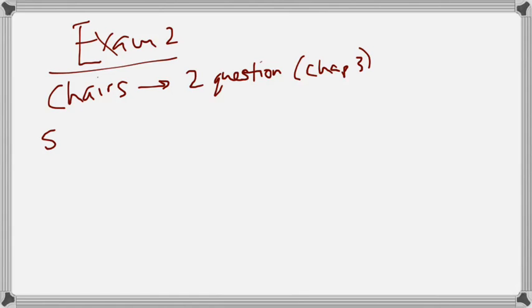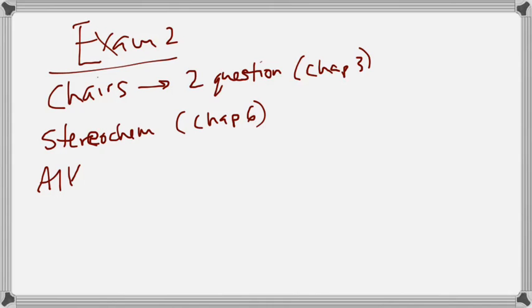You then see all sorts of questions on stereochemistry. I gave you that long quiz for a reason, to get you enough practice with that so that you can hopefully do really well with stereochemistry. And that's going to be Chapter 6. The last thing we've got is our alkyl halides, which will be Chapter 7.